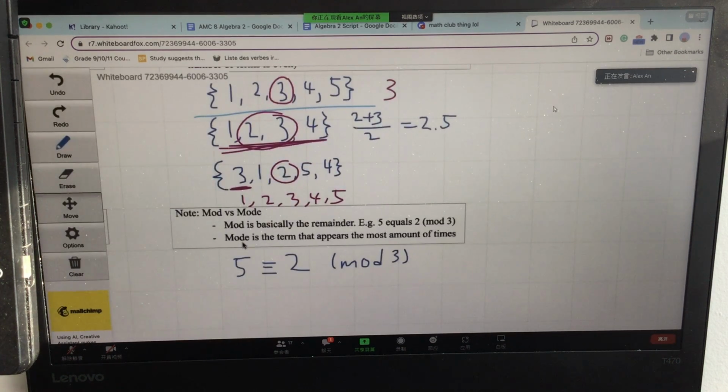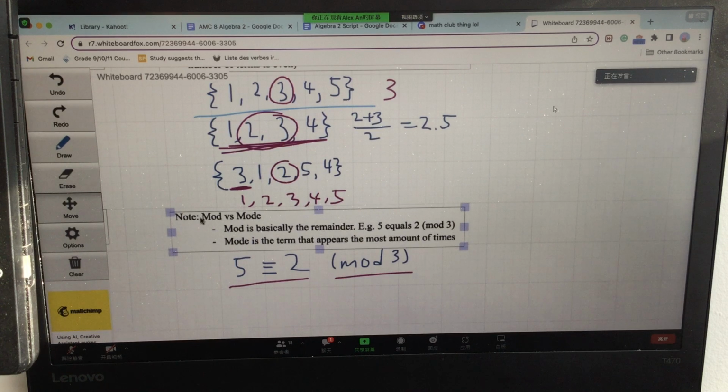For example, 5 divided by 3 has a remainder of 2, so you would say 5 equals 2 mod 3. You don't really need to know mod or modular arithmetic. I just wanted to point out the difference between mod without an E and mode with an E, because they look similar, but they're very different.